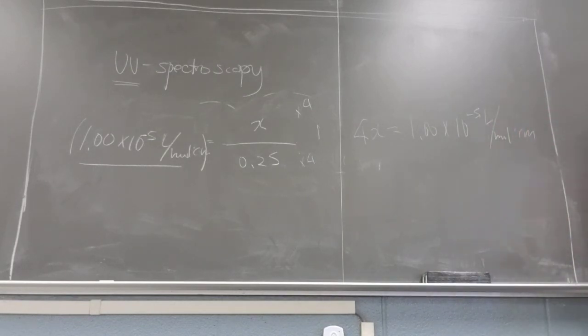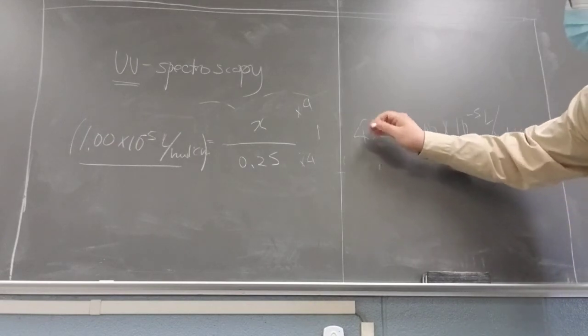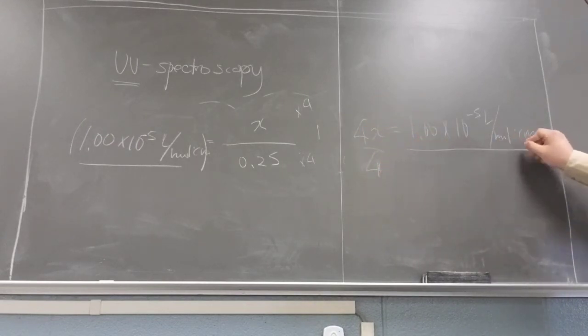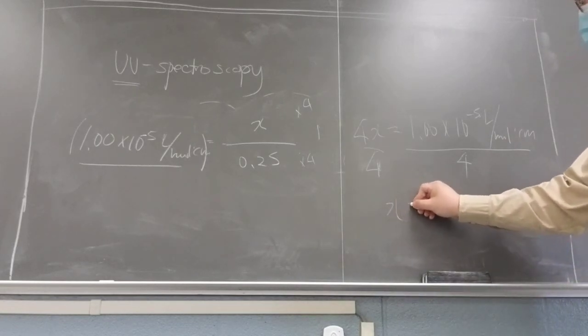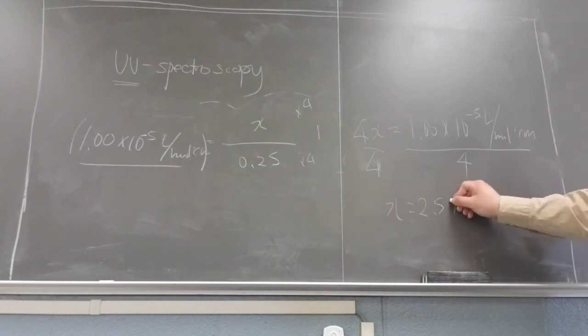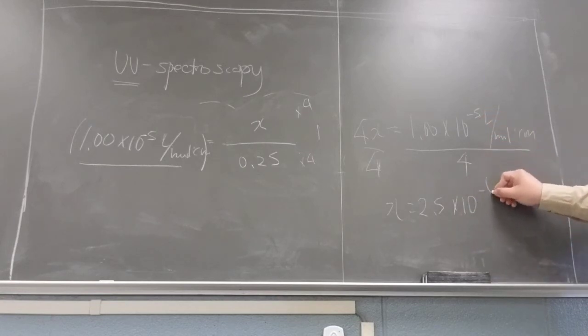Then to get X, you just divide by 4 and 4. So your X will be 2.5 times 10 to the negative 6.